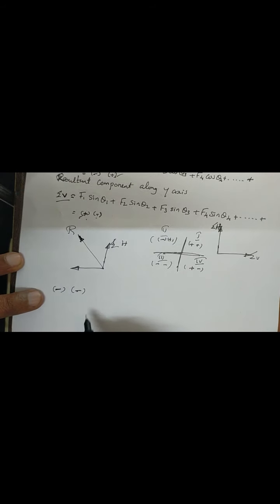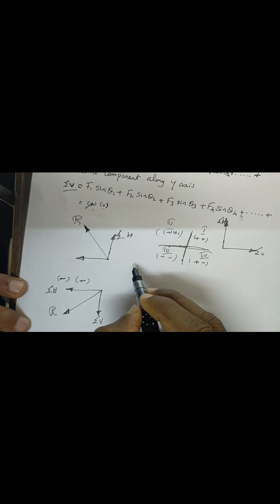Then next condition: if you get a negative result for the summation of horizontal force and also a negative result for the summation of vertical component, what does it mean? These two forces are lying in the third quadrant.